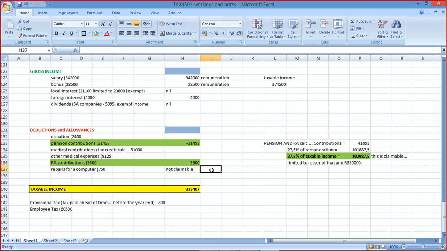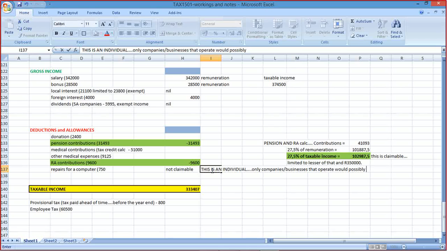But this is an individual; only companies or businesses that operate would possibly be able to claim certain expenses. So for an individual, you're never going to be able to claim that.